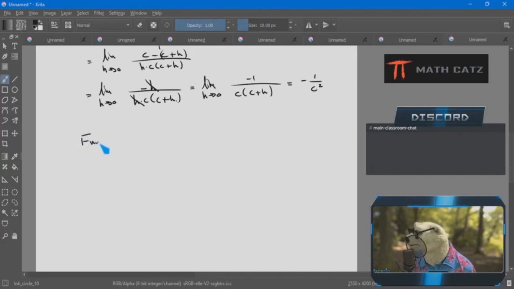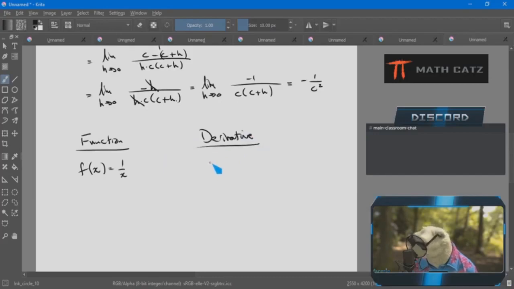So if my function is 1 over x, then my derivative is negative 1 over x squared. Is there a pattern here?